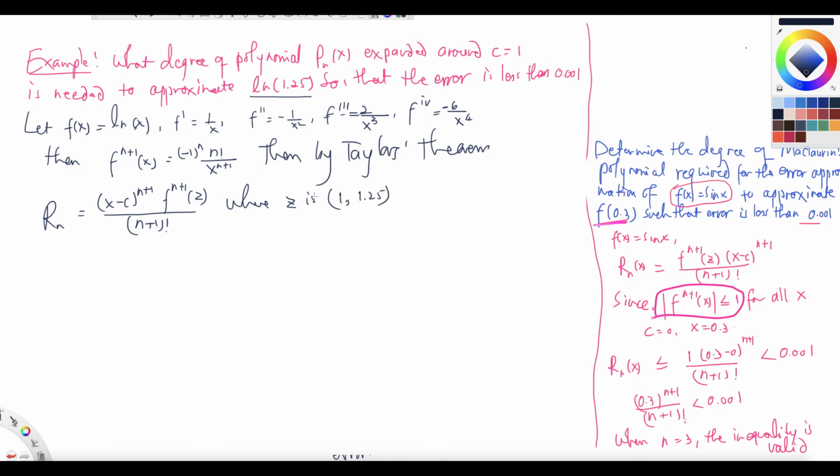That's what the theorem says, because it is between x and c. So c is 1, x is 1.25.